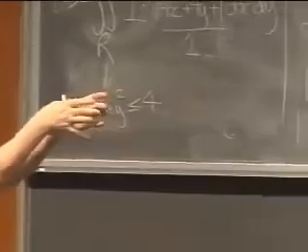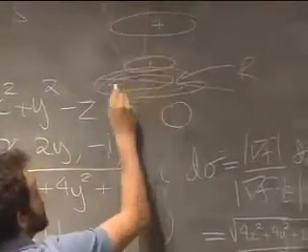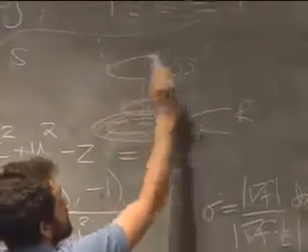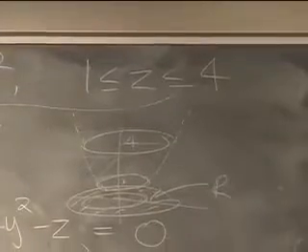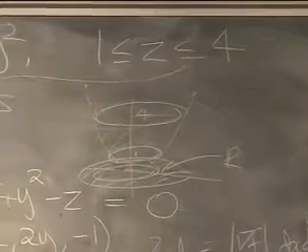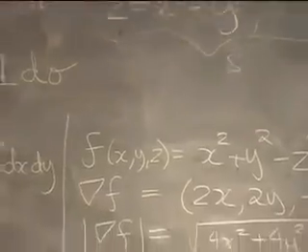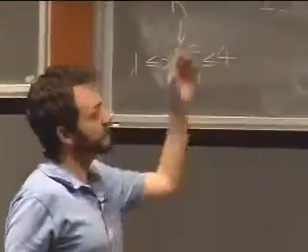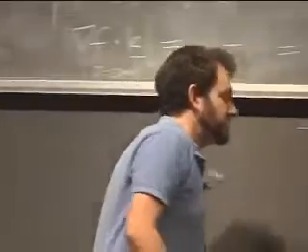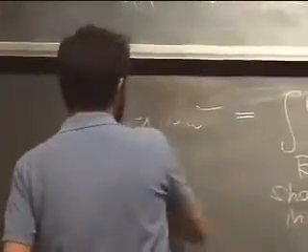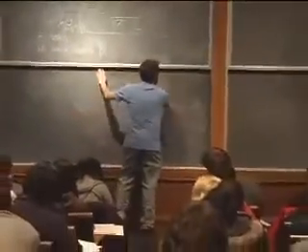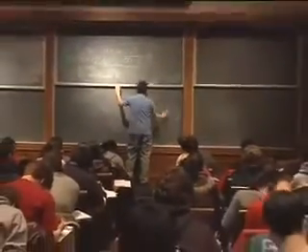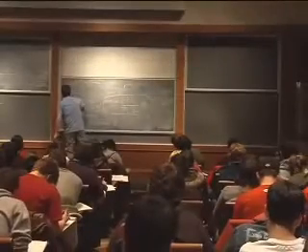You either get a circle of radius 1 from the inner, this piece here goes down to a circle of radius 1, whereas this piece goes to a circle of radius 2. Or you can just get it by plugging z equals 1, which is one extreme, and z equals 4, which is the other extreme, and to see that you have reduced matters to this double integral. So just to write that out once more and have some space to work on it, we have changed our surface integral into a double integral as follows.